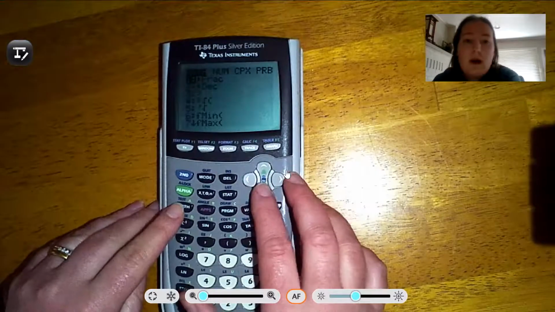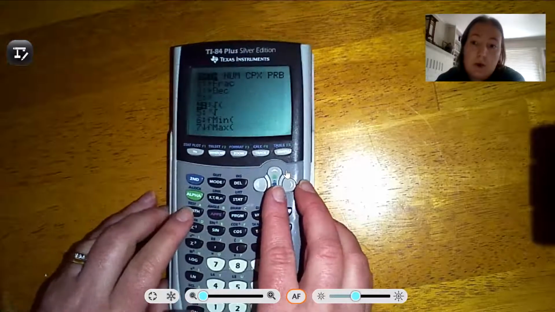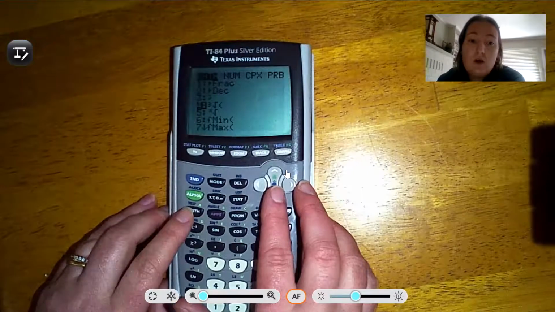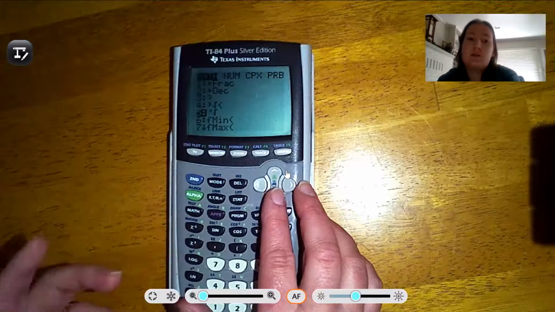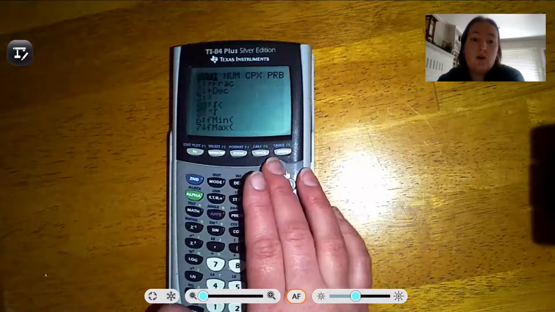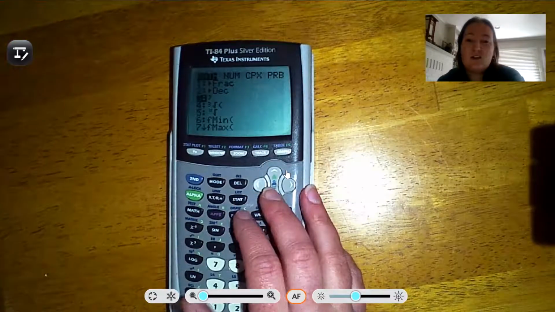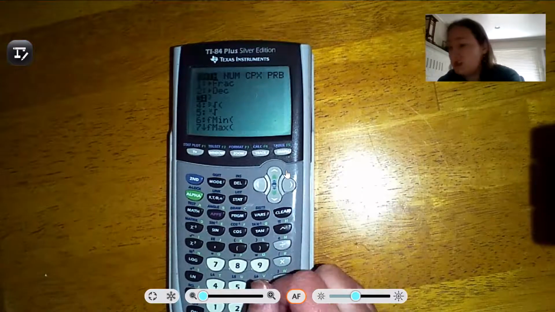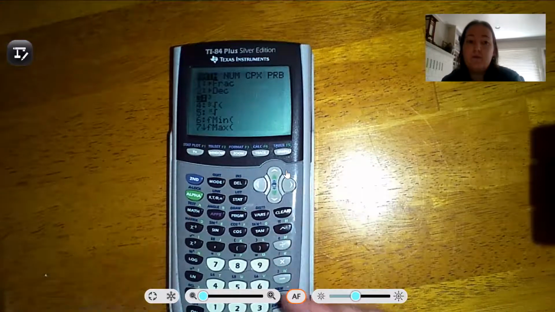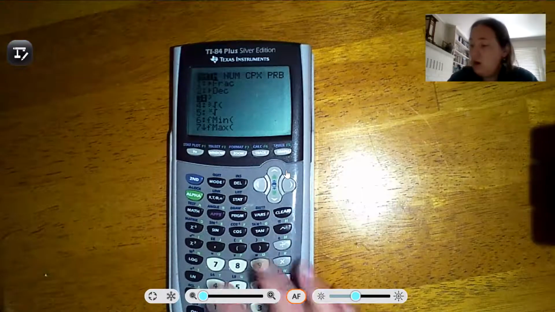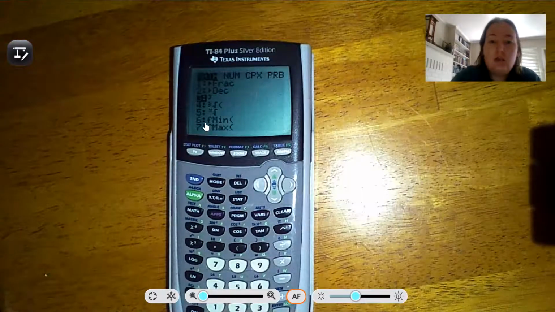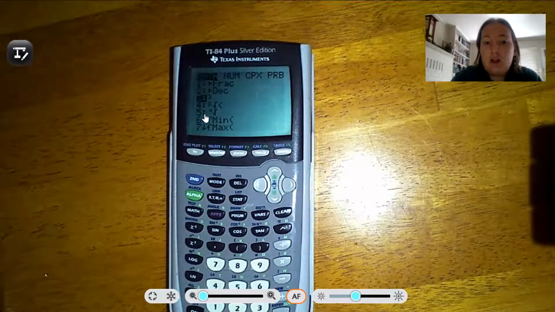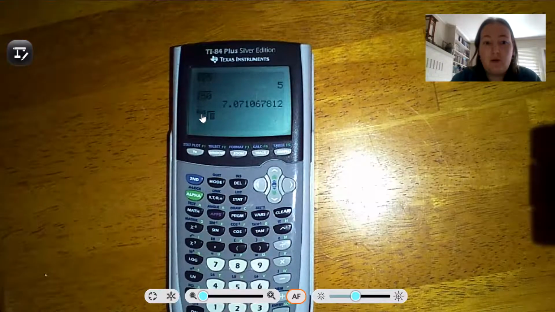There's also a cube root, because we're going to be dealing with cubes later in this course, or an x root, so a 4th, 5th, 6th root. There's also a cubing shortcut that's sort of shortcutty, but again, I think just raising it to the 3rd power is probably just as quick as doing math and scrolling down. And speaking of scrolling down, you can also hit the number associated with the function. So I can just hit 5 and it will jump right to 5.